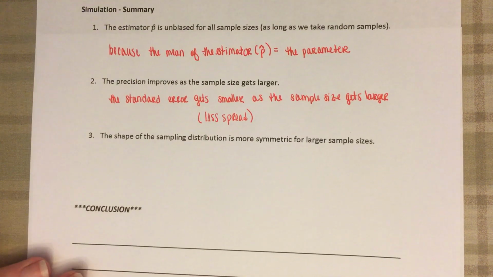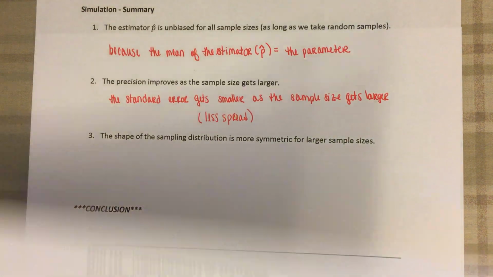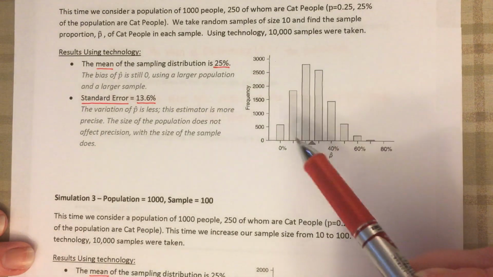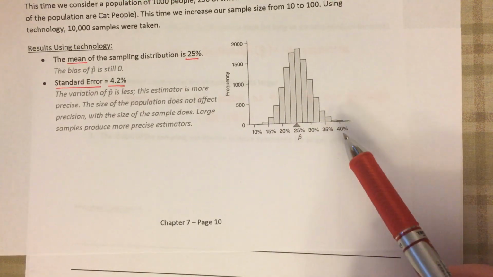The shape of our sampling distribution is more symmetric for larger sample sizes. If we go back to this previous page and look at these two different histograms, this one is kind of normal, kind of skewed, but this one is roughly a normal distribution.